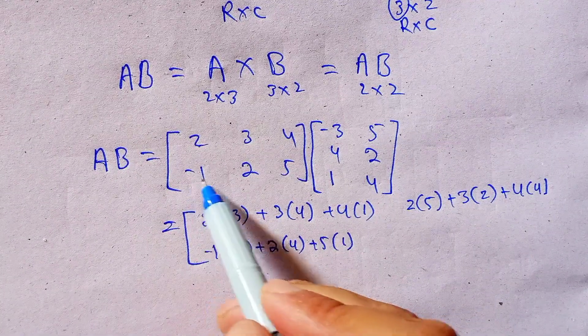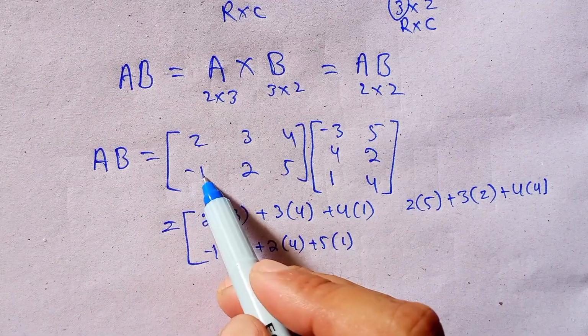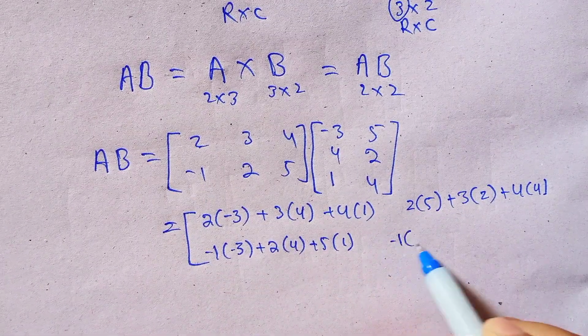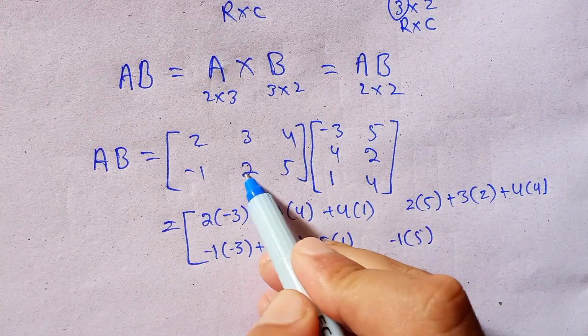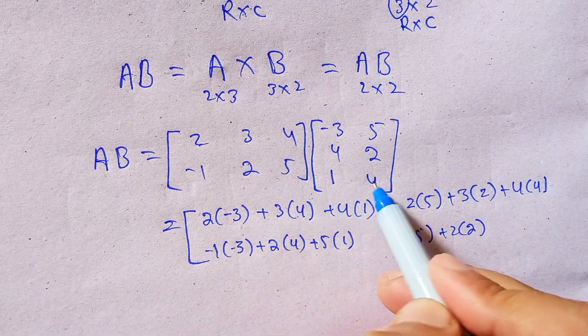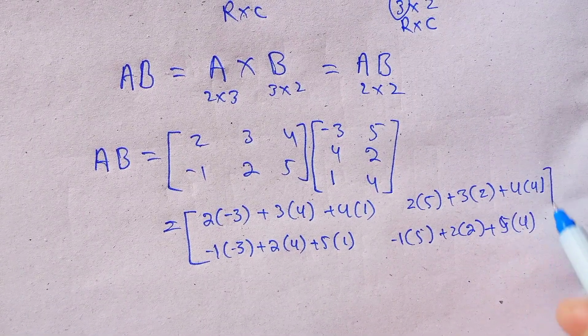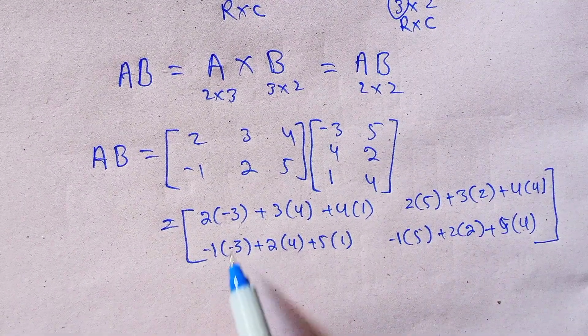Now we multiply the second row of matrix A with the second column of matrix B. So -1 times 5, plus 2 times 2, plus 5 times 4. Now we are going to simplify this matrix.